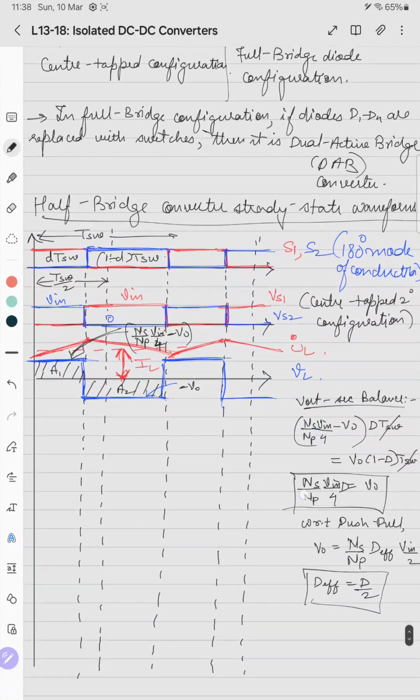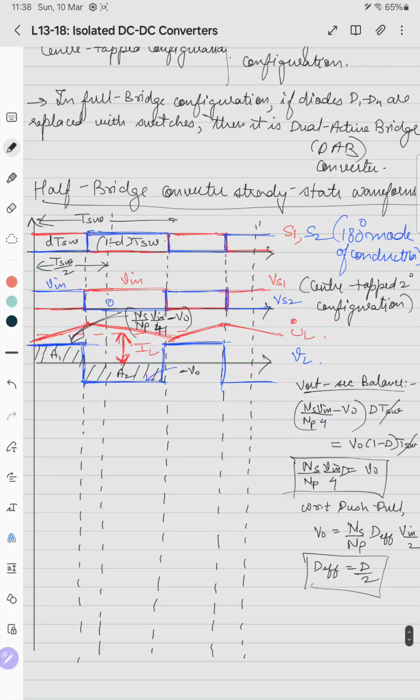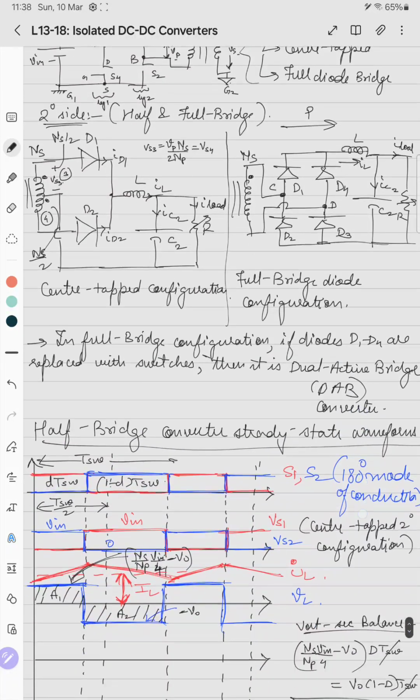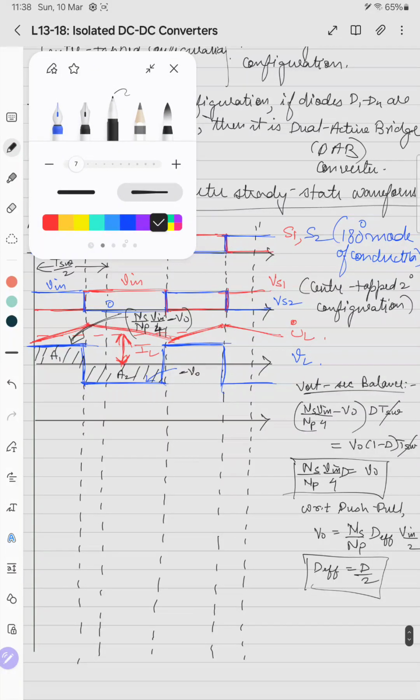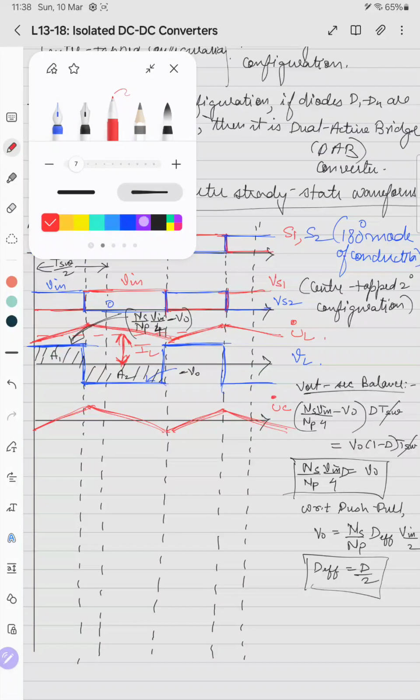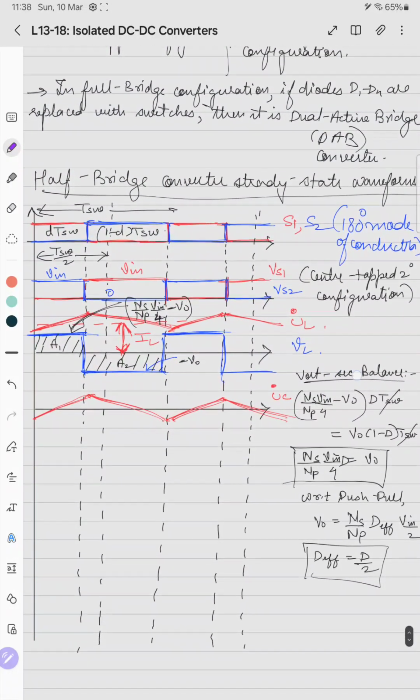So output side again, if we complete the output side relation, if this is the inductor current, out of it the ripple goes to the capacitor current. This is IC, and I'll now draw the VC. IC is C dV by dt, so VC is 1 by C integral I dt.